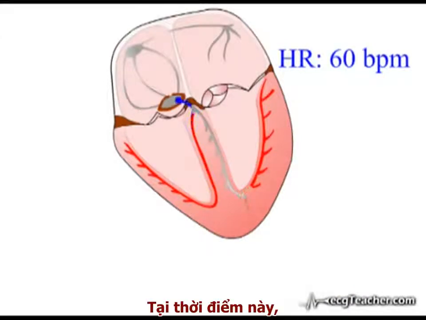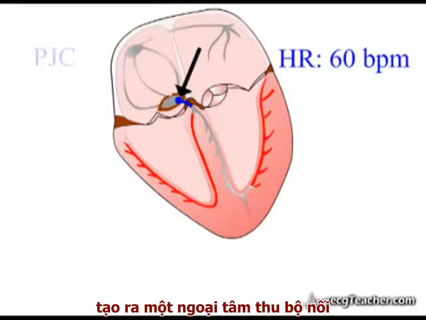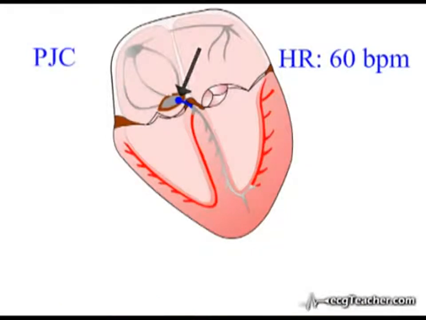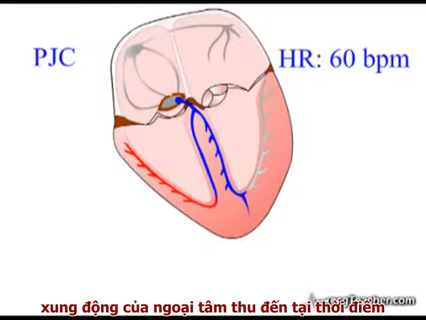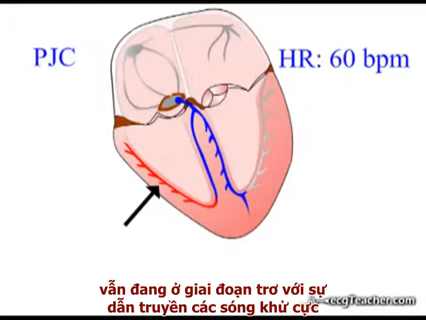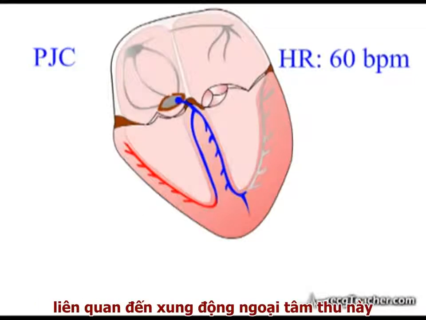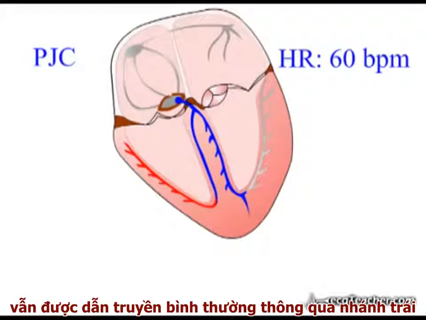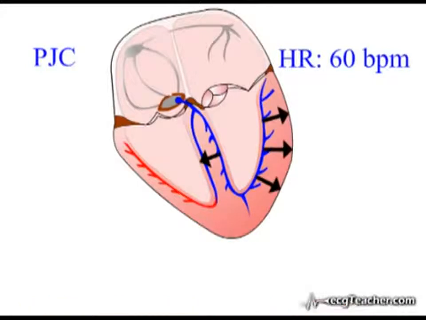At this point in time, a focus within the junctional region has discharged, generating a premature junctional contraction. However, note that the premature discharge has occurred at a time when a region of the right bundle branch is still in a state refractory to transmission of depolarization. The initial events of the QRS complex associated with this premature discharge are conducted as normal through the left bundle branch and will depolarize the left ventricle in the normal fashion.